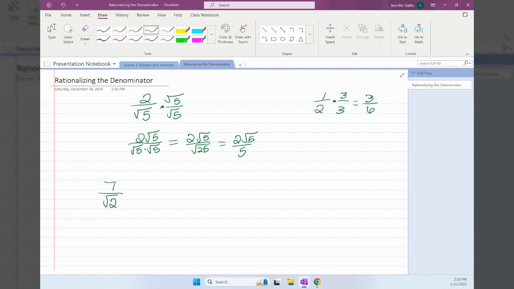We need to figure out a way to make that denominator a rational number. And the only way we can make that denominator a rational number is by multiplying both top and bottom by the square root of 2. Well, that now becomes 7 square root of 2 over the square root of 4, or 7 square root of 2 over 2.